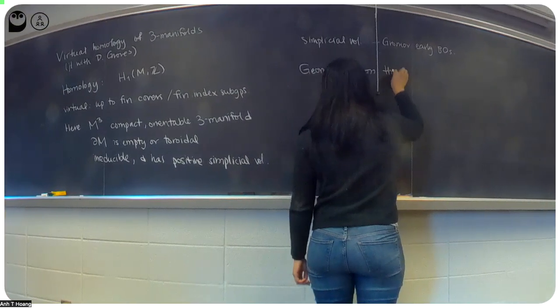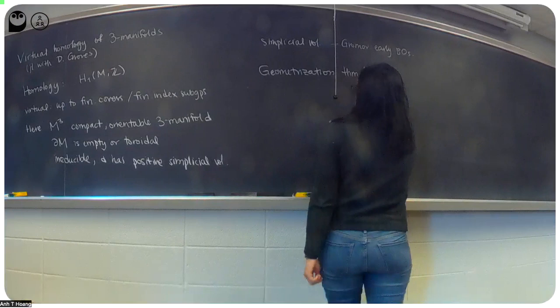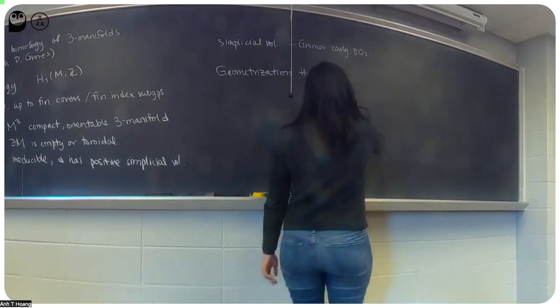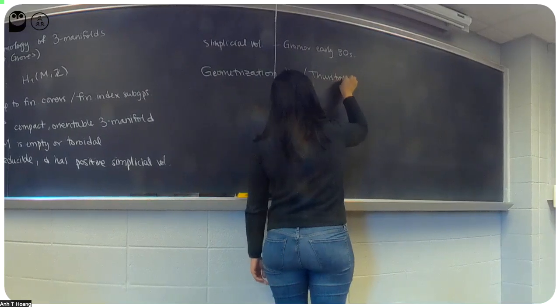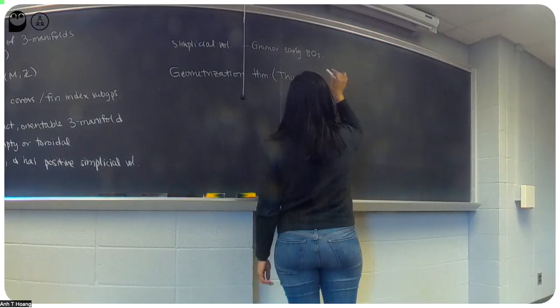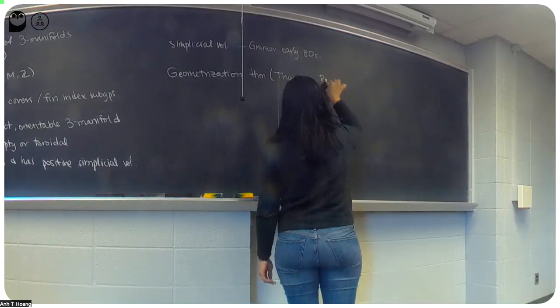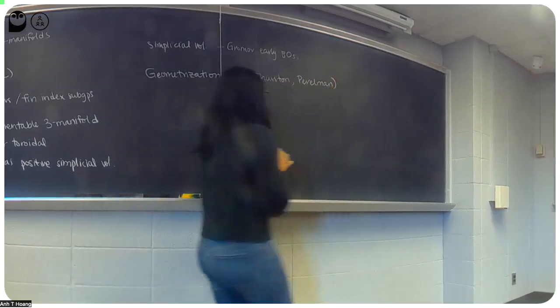So the geometrization theorem, part of it was due to Thurston in some cases, and this was also in the early 80s, but it was resolved by Perelman, famously.